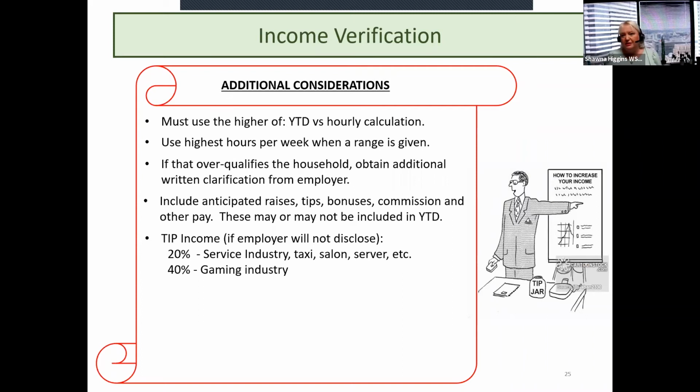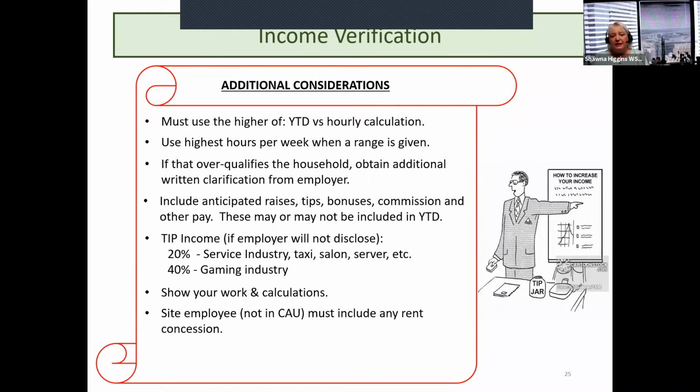If it's the gaming industry, meaning casinos, we're talking about the server or the blackjack dealer. We're not talking about the custodian or the security guard. They're not going to get tips. And then you're going to want to show your work and all the different calculations you've used, because we want to see how you came up with the number that you came up with.